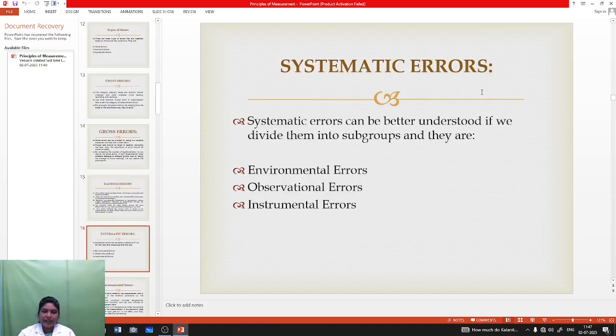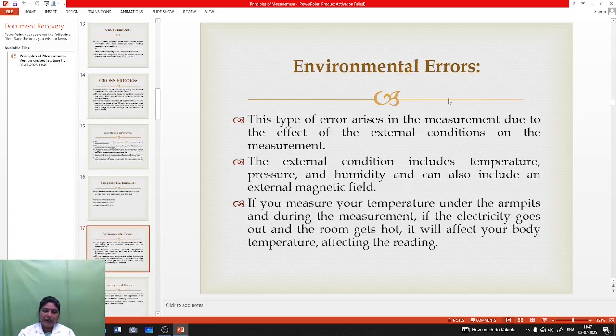Next is systematic error. Systematic error has three categories: environmental error, observational error and instrumental error. What is environmental error? This type of error arises in the instrument due to the effect of external conditions on the measurement, such as temperature or humidity. Temperature variation creates inaccuracy in the reading, and this is called environmental error.